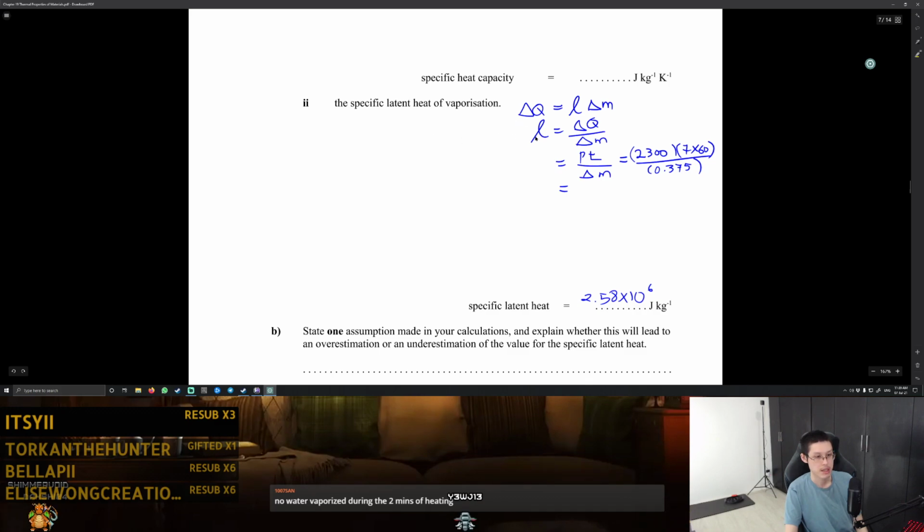Okay, which means whatever you get here is an underestimation of the actual value, because the actual value is a bit higher. Now, if you were to go with the other assumption, which is no heat loss to the surroundings, you think you've put in, let's say, 10,000 joules into the system during that duration of time, and you assume that all 10,000 joules gets absorbed by the water.